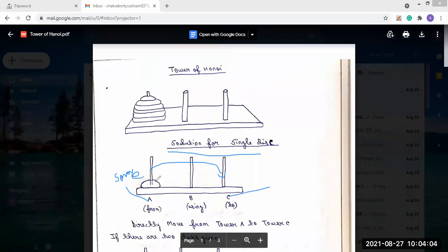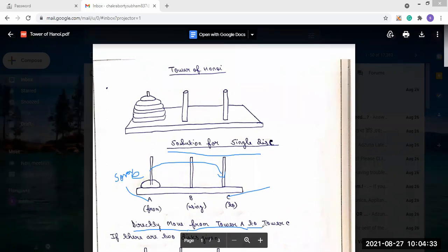Now in this source, only one disk is present. Whenever only one disk is present, we do not have to move it to the auxiliary tower. We can directly move it to the destination. That's why we have written to directly move from tower A to tower C, because no condition arises where a larger disk is placed over a smaller disk.